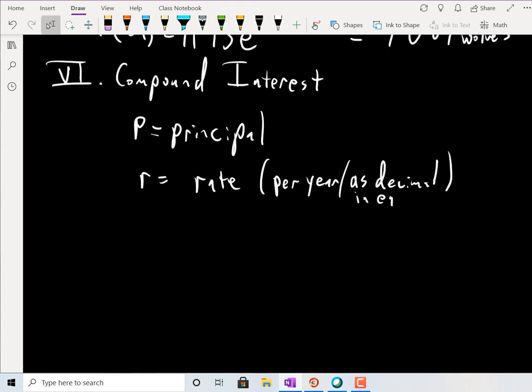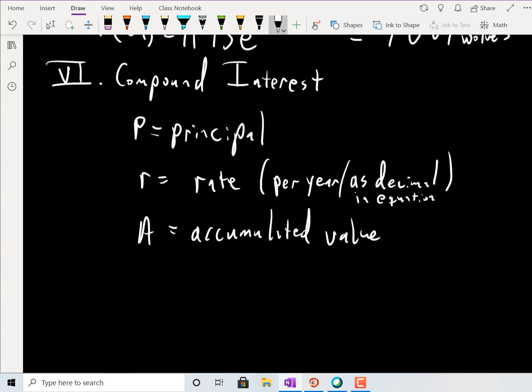And then A is going to be a future value or accumulated value. The accumulated value is going to be the principal plus the interest. I is interest.